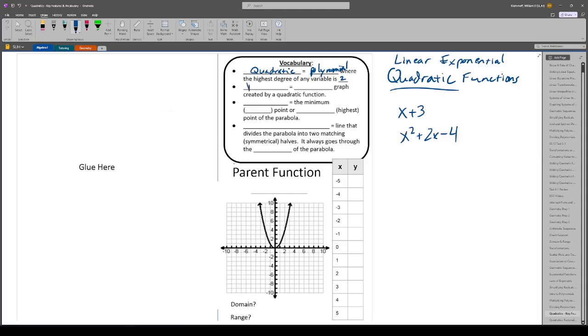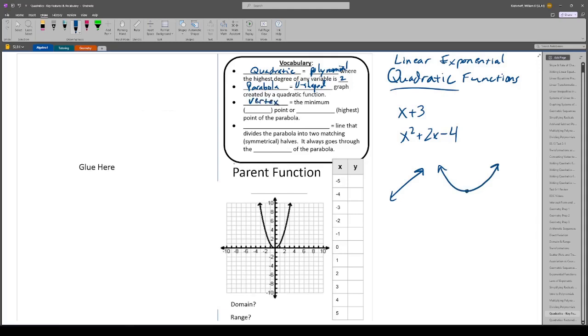A parabola is what we call the shape of a graph for a quadratic. A parabola is like a U-shaped graph created by a quadratic function. We know lines are straight, and quadratics have a curve. They have a feature called a vertex.